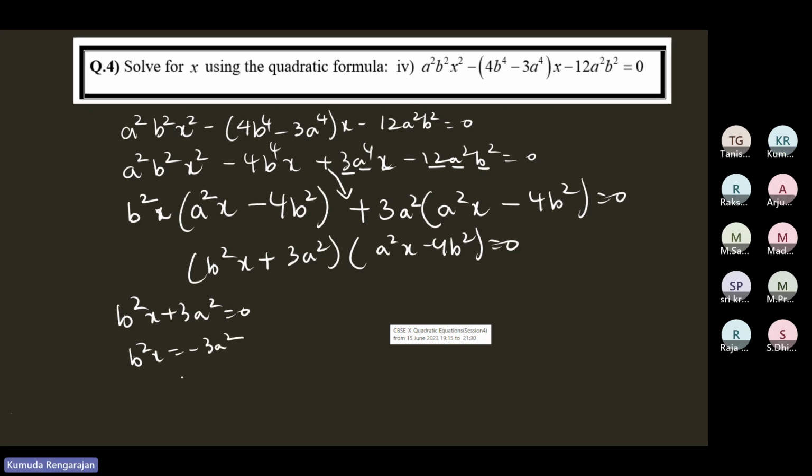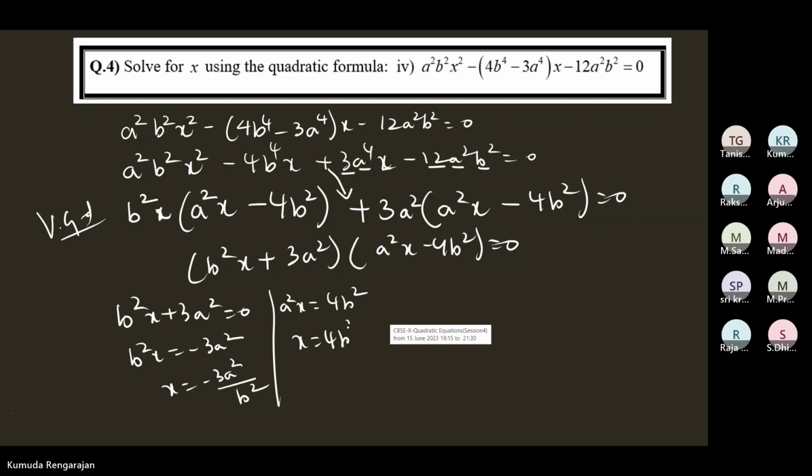Very good. x equals minus 3a square by b square. Very good. Then a square x equals 4b square. x equals 4b square by a square. Yeah, thank you.